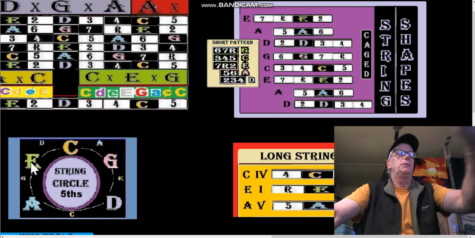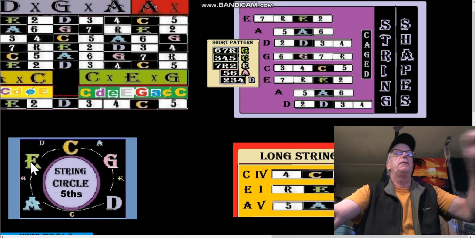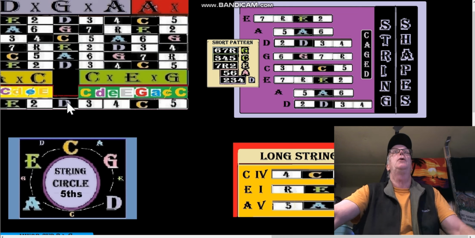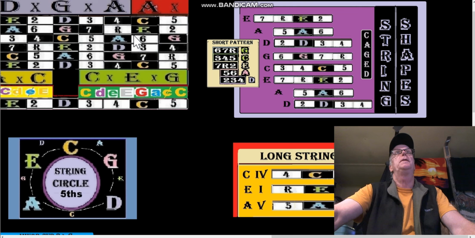We're using simple scales now to navigate the shapes in the cage system, in the string shape system. String shapes being the lowest note on the bottom of a certain cage. So this would be the C cage, where you play a C here, root 5, 3, 5 root 3, 5 root 3.